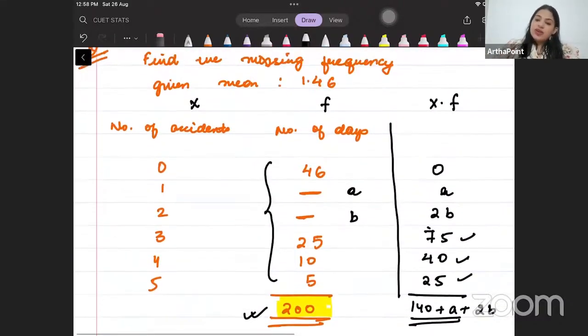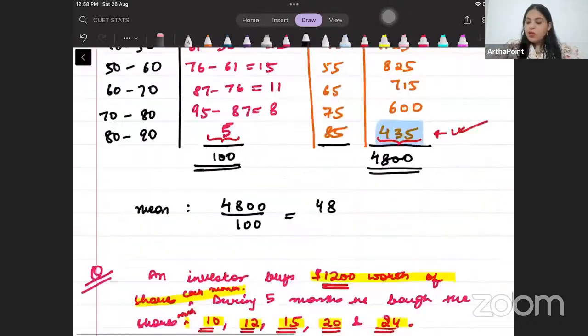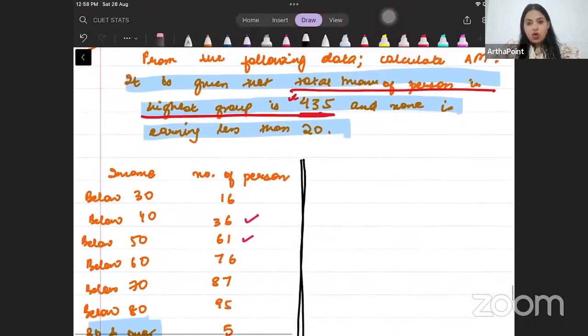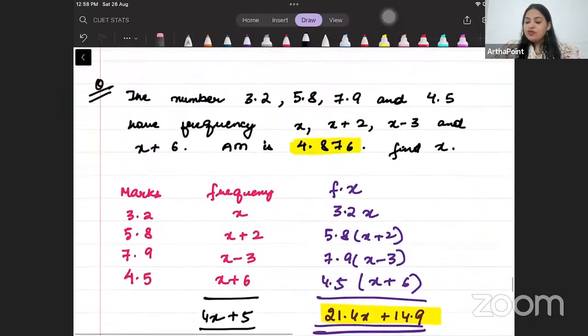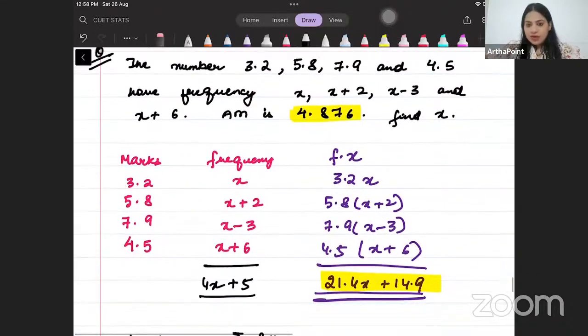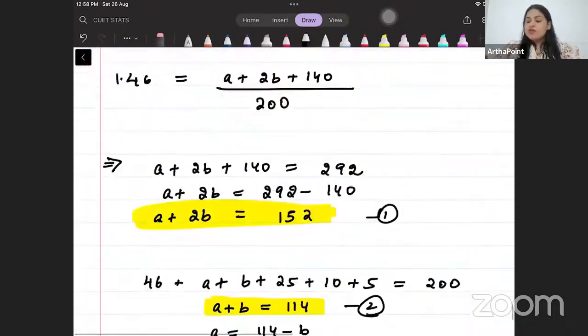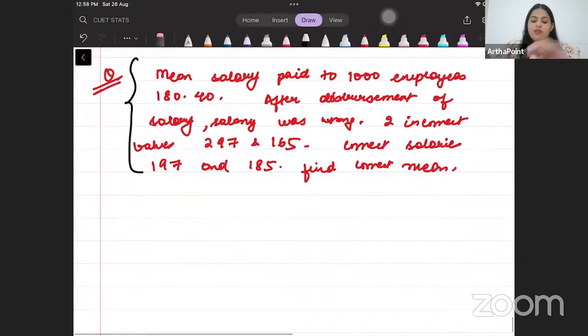One kind of question that you get is on the missing value. One kind of question that you get is on open intervals like this. And one kind of question that you get is on finding the frequencies. So only these kinds of questions can come from mean.